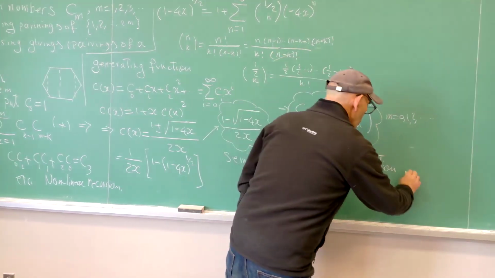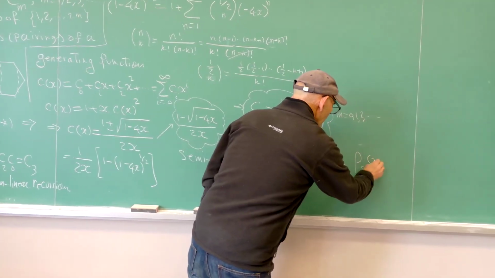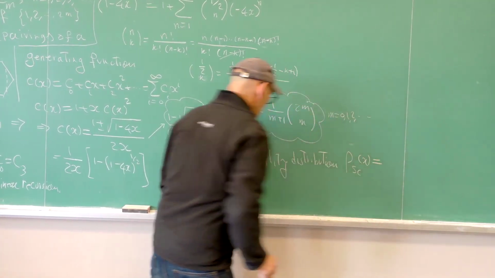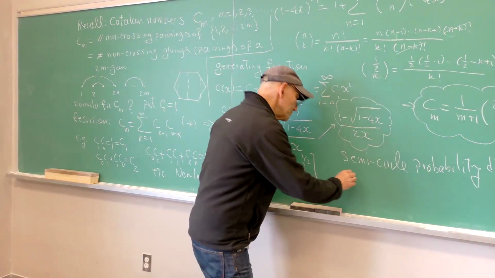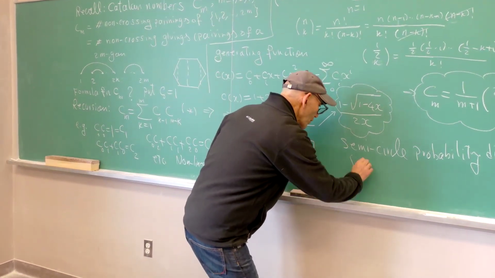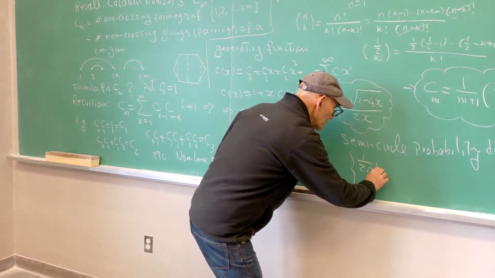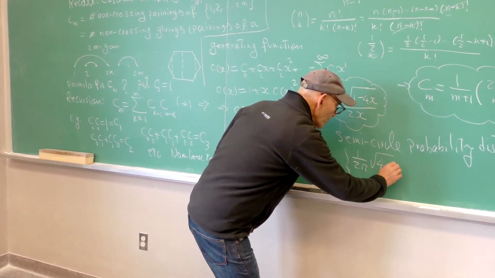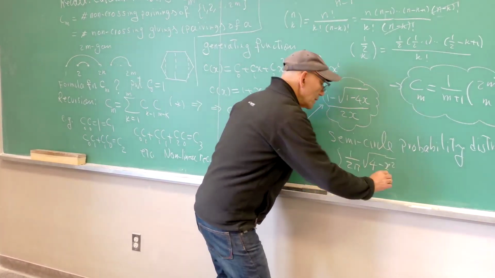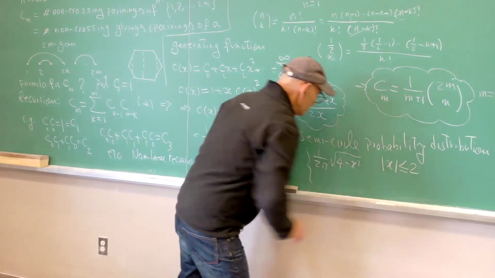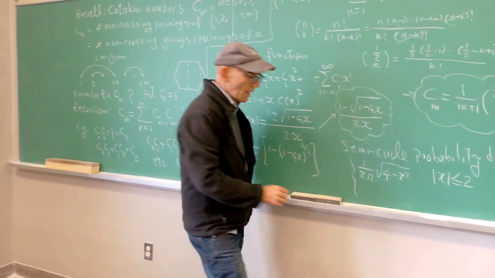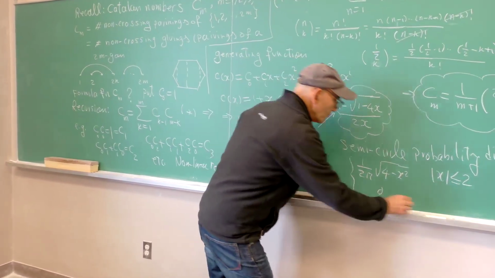Let's call it rho semicircle of x. This is equal to 1/(2 pi) root of (4 minus x squared) if the absolute value of x is less than or equal to 2, and 0 otherwise.